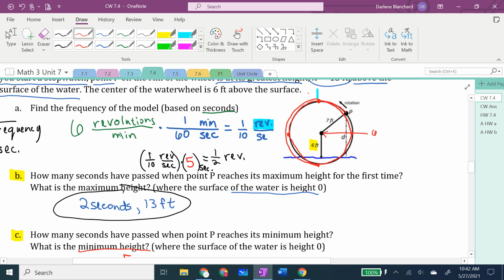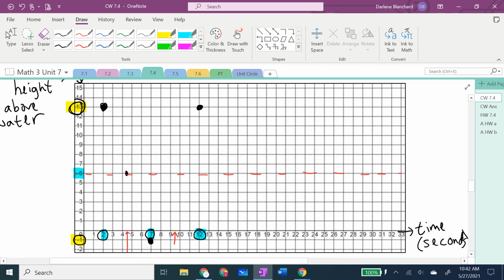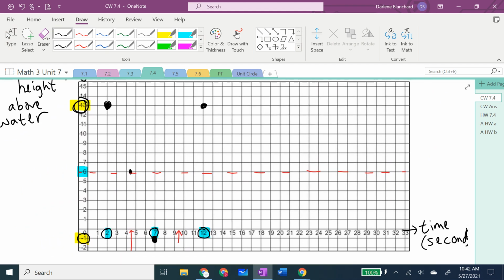That means it's going to take half of 5 seconds to go from the top to the midline. The symmetry of these graphs is really, really helpful. And so let's draw that.